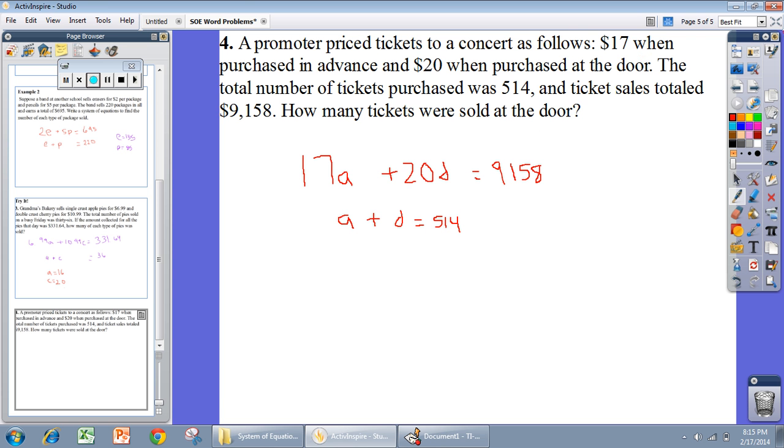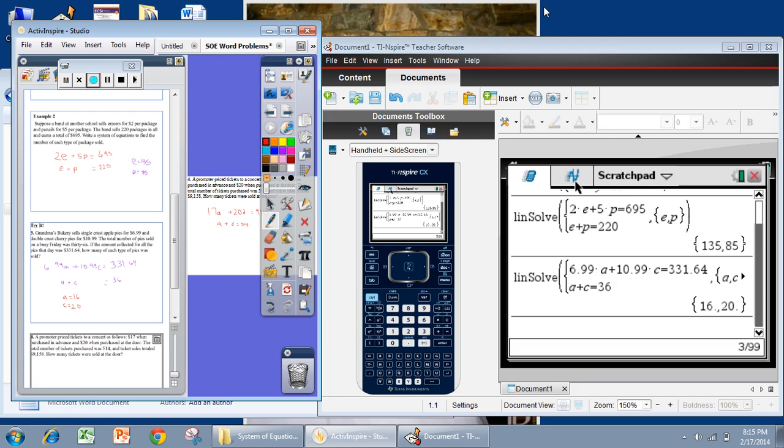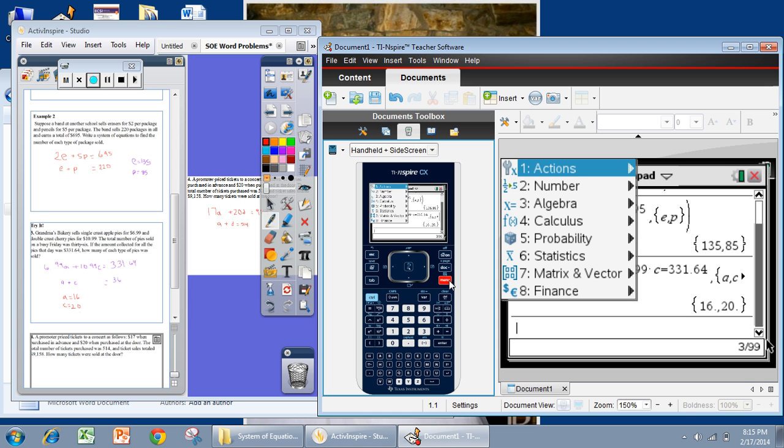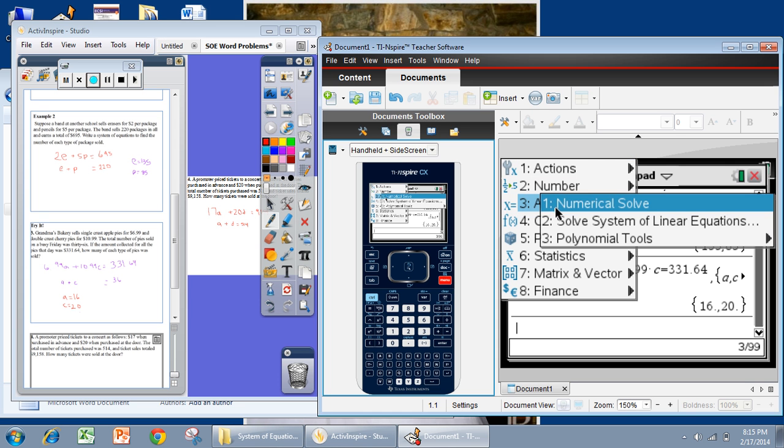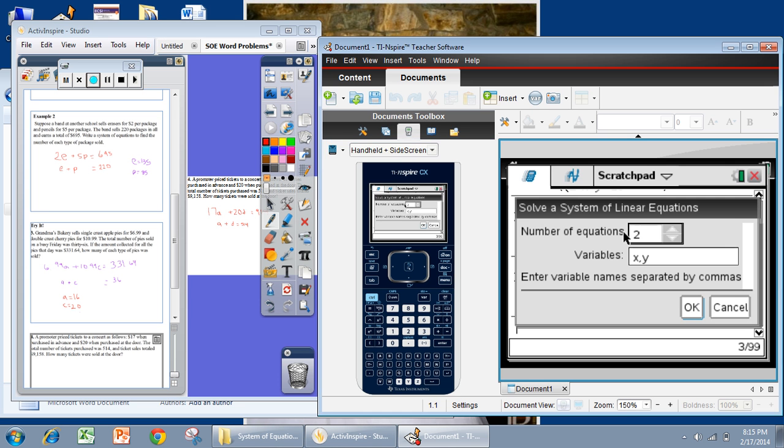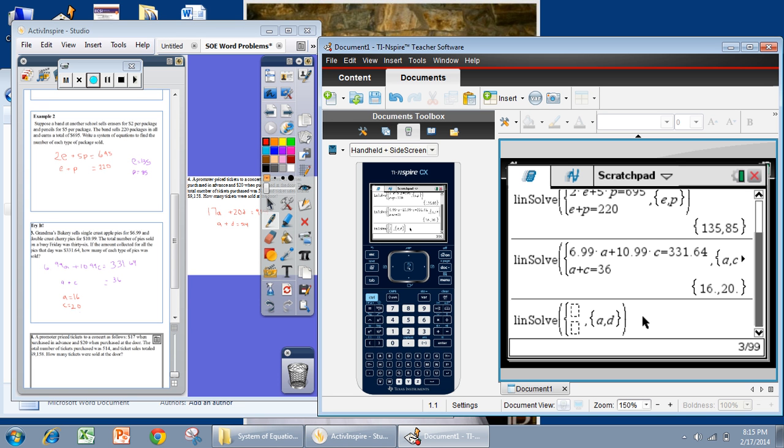All right, so let's go ahead and pull the calculator up. So when you go to the restaurant, what do you look at? Menu. What class are we in? Algebra. System of linear equations. We have advanced tickets and door tickets, so A and D. Let's go ahead and type it in.